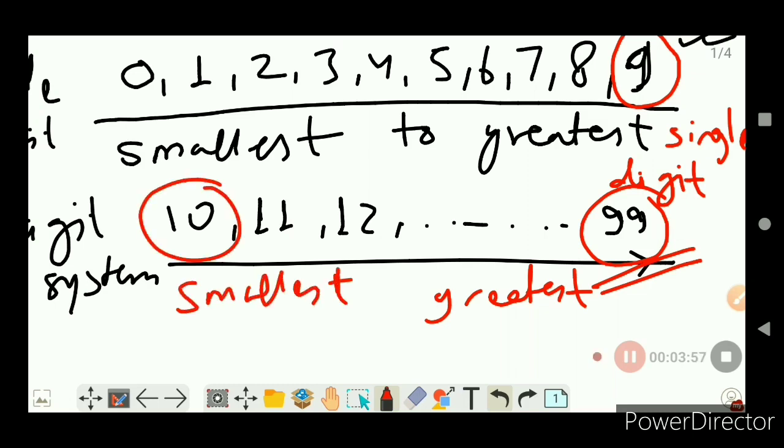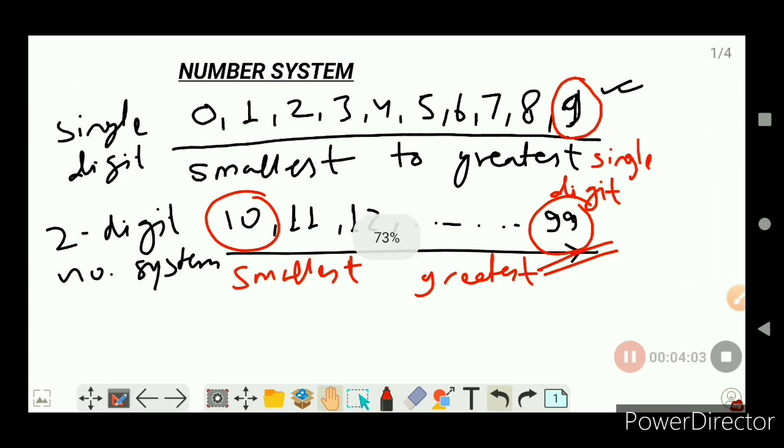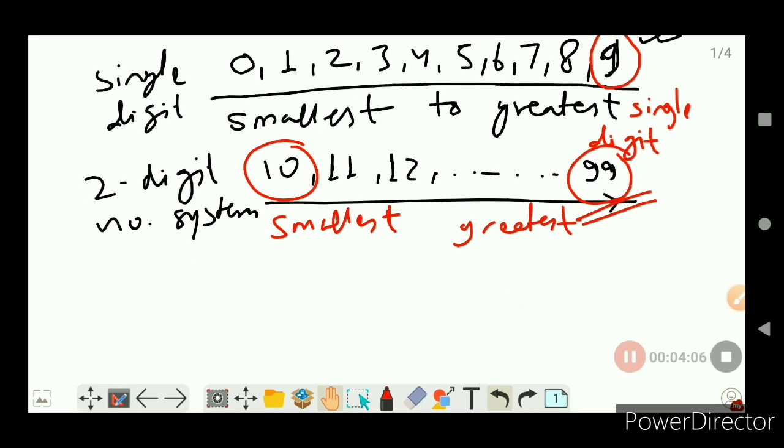Now that the 2-digit system has ended, what should we do? We have countings, we have things that have a huge number of counts. So we have created a 3-digit system. After the 2-digit system, the 3-digit system starts from the smallest 3-digit number, that is 100.